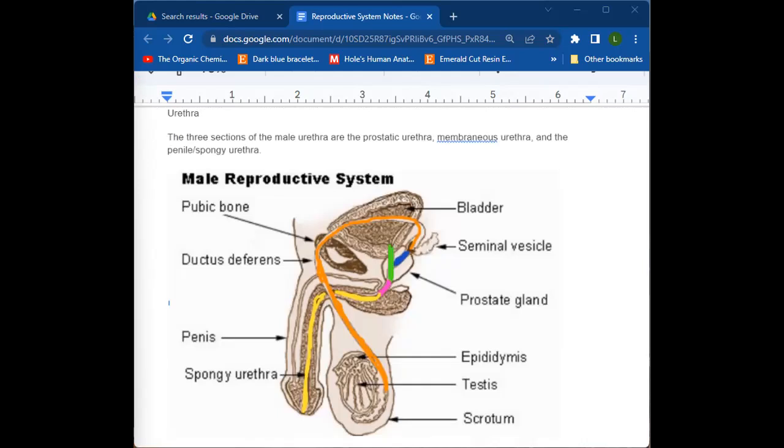There are 3 different sections to the urethra: a prostatic urethra, a membranous urethra, and a penile spongy urethra. You can see that the prostatic urethra is in green, the membranous urethra is in pink, and the penile spongy urethra is in yellow.